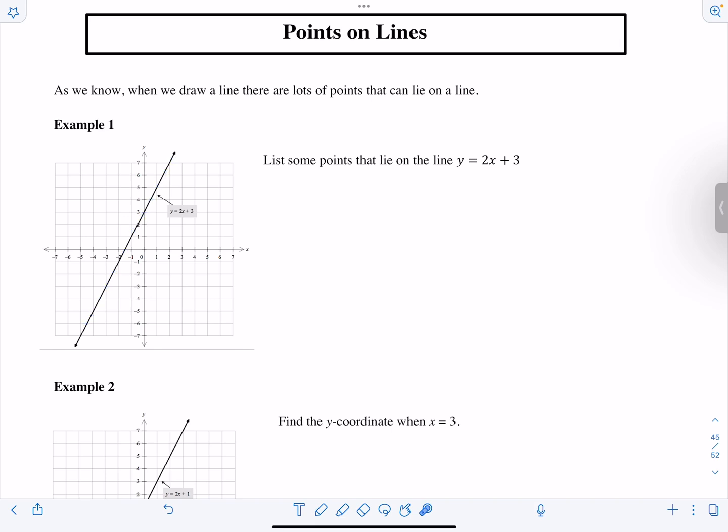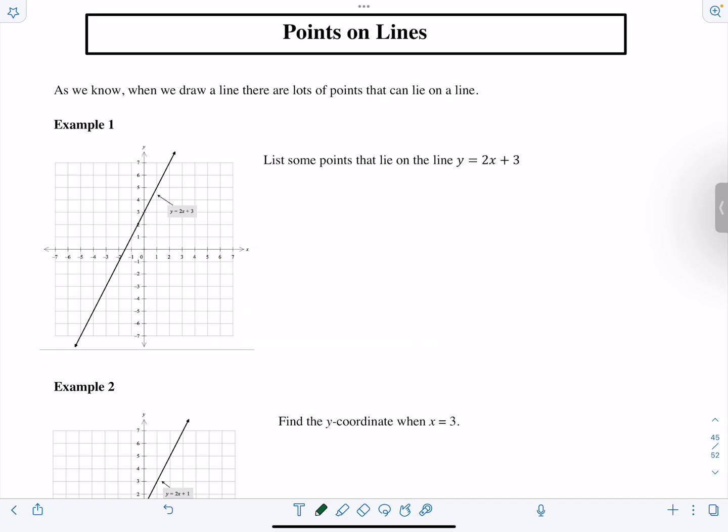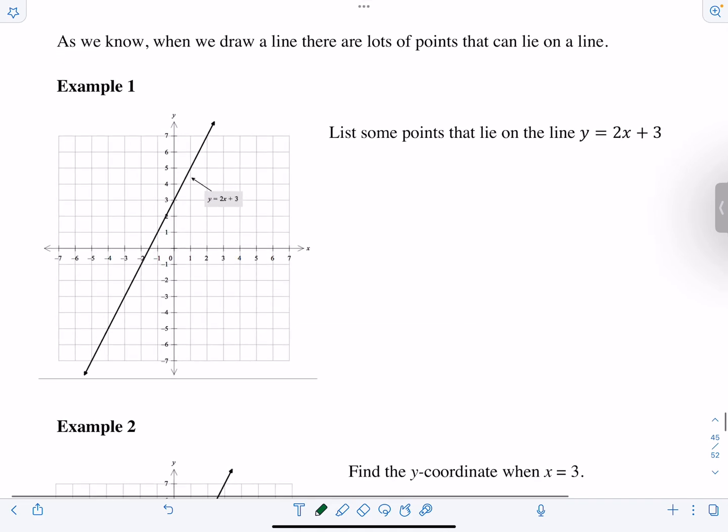If we were to draw a table of values, those would be the points. For this question, it's saying list some points that lie on the line. I'm going to pick points that are nice and discrete, discrete being whole numbers. So here's a point, here's a point, here's a point. I'm not going to go with this one here because it's like a half.